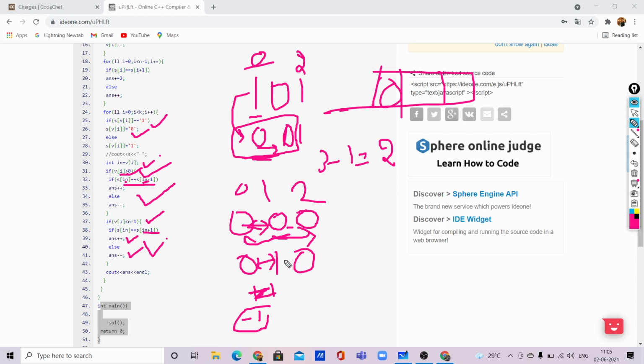Now again from here to here, it is not the same, and previously it was equal, so we decrement by 1 again. So it will be minus 2 in total.